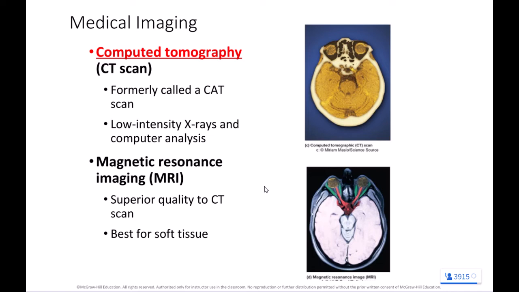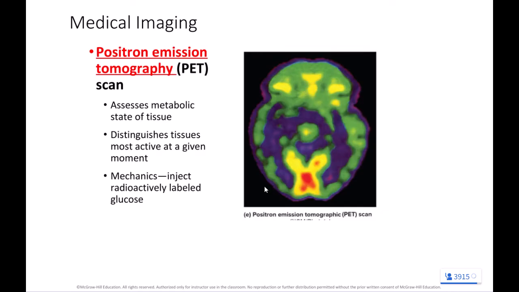We find that soft tissues have lots of water in them, and water is 2 hydrogens, 1 oxygen. So these MRIs work really well for looking at the structure of soft tissues that contain lots of hydrogen atoms and lots of water molecules with those hydrogen atoms.